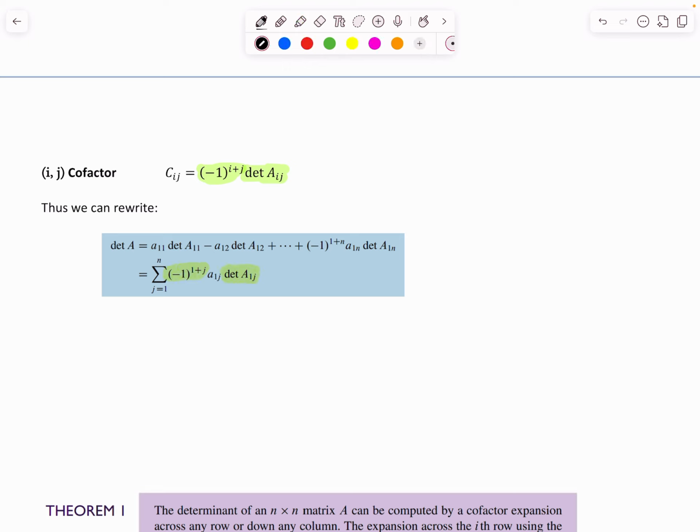So we can write this, the determinant of A is just J goes from 1 to N of A1J times that cofactor. In this case, it would be 1J. So that's just called cofactor.